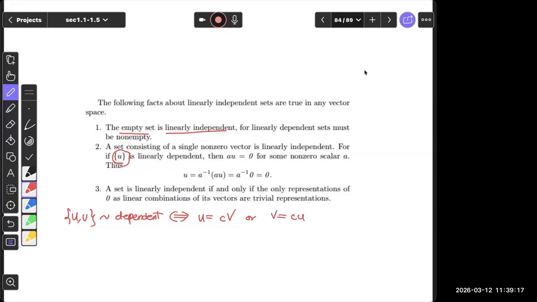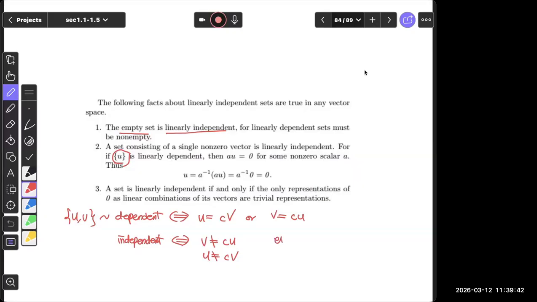Otherwise, it is independent. That is, v is not a multiple of u, and u is not a multiple of v. In that case, the set of two vectors will be independent.